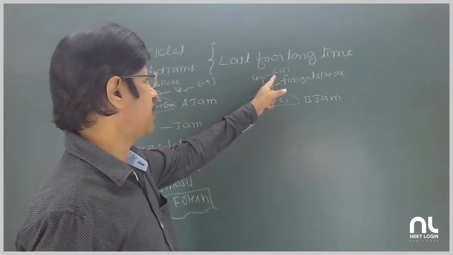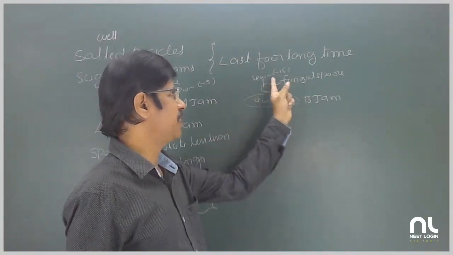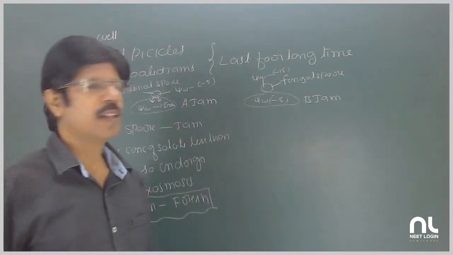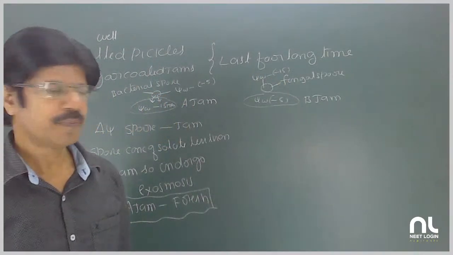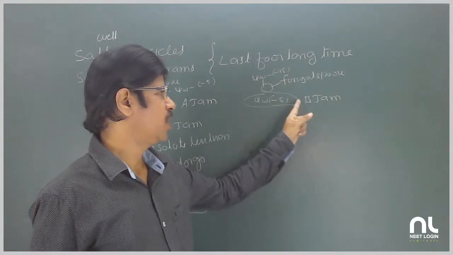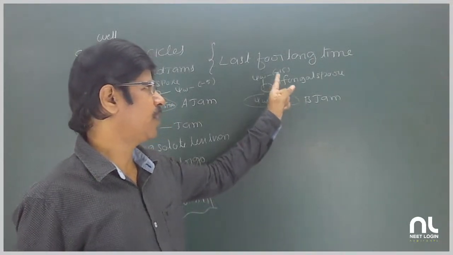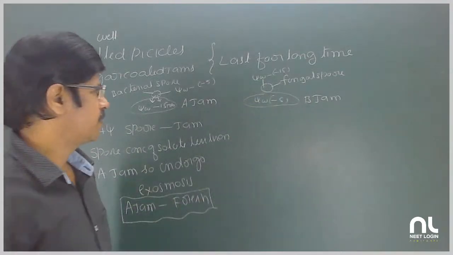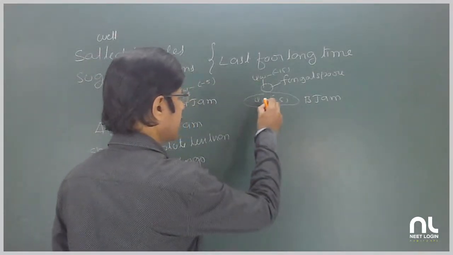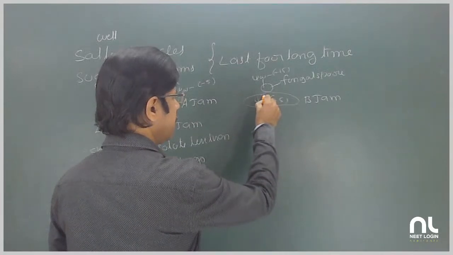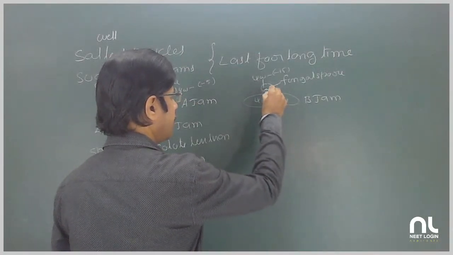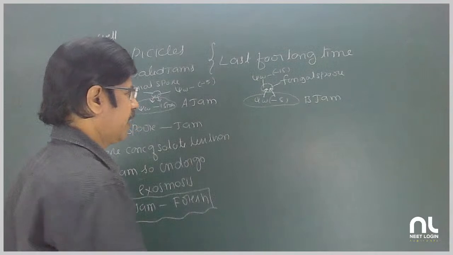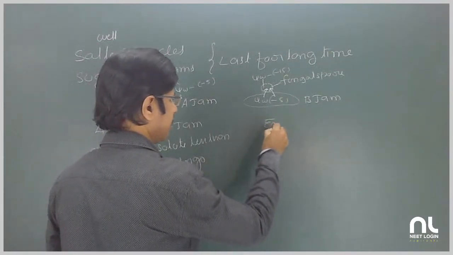In B jam, the solute concentration is more in the fungal spore. It is not properly sugar coated when compared to the concentration of the spore. So what type of osmosis?